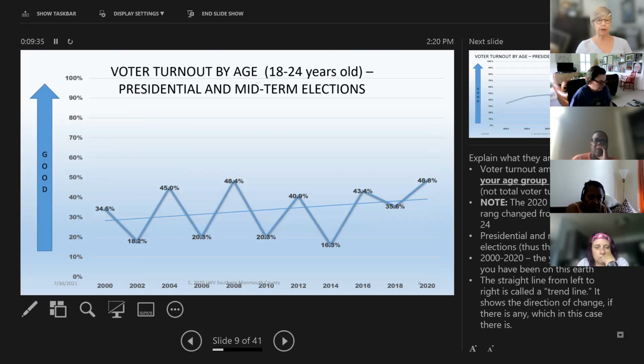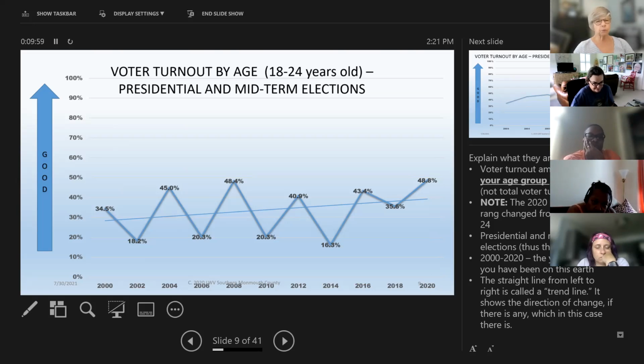The dates at the bottom of the graph go from 2000 to 2020, which is essentially the number of years that they've been alive. And the numbers up the side this time go from 0 to 100, so you're going to see a better, or a more accurate, perspective. What do you notice? Also, this is presidential and midterm elections.